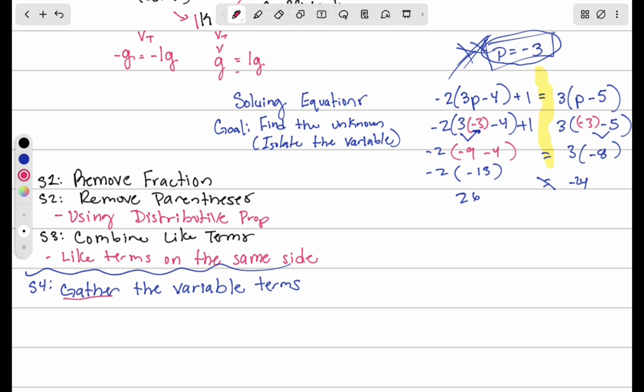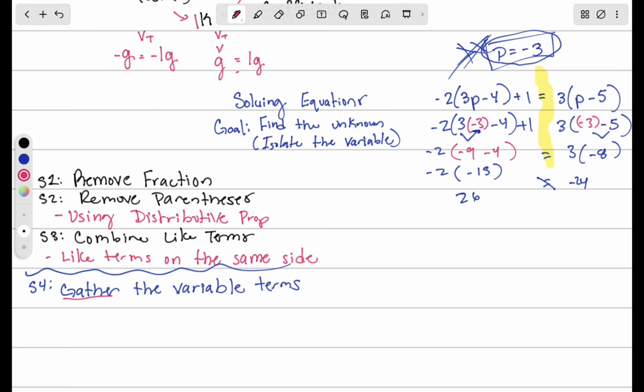If you're at home and you've got stuff everywhere and your mama says, gather your stuff, what does she mean? What does she want you to do? Get it together, right? Get it in one area. When you're dealing with equations, gather means get them all to the same side.